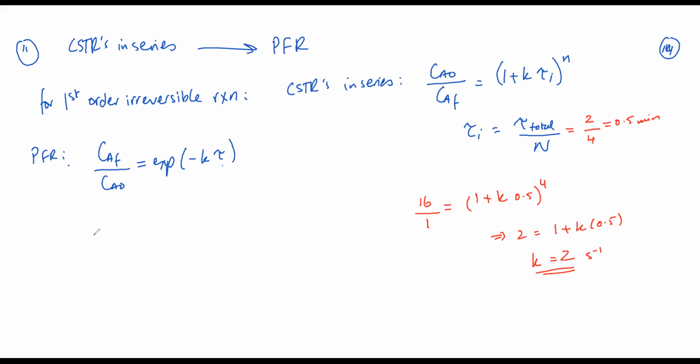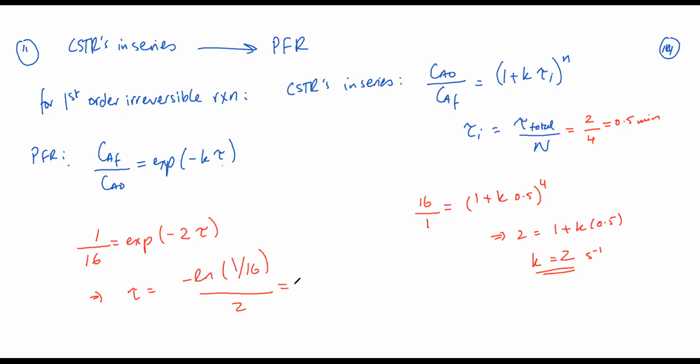On this side, I have CAF, which is 1 divided by 16, equal to exponential of minus 2 multiplied by tau. So in this case, tau is equal to minus ln of 1 over 16, divided by 2.